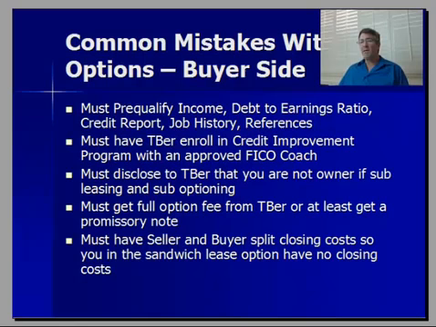The tenant buyer must enroll in our credit improvement program with an approved FICO coach. We don't let anybody move in or sign agreements unless they're willing to do that. There's a cost to do that. It's $200 per person. And if it's a married couple with both credit problems, it's going to be $400 to get started. And it's going to be $100 per person times 2 if it's 2 people, or $200 a month.